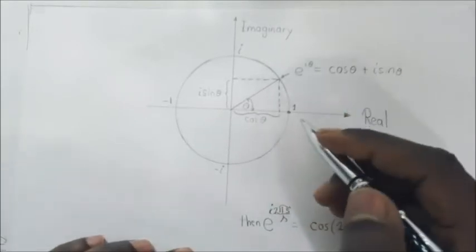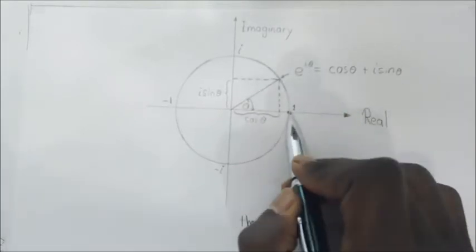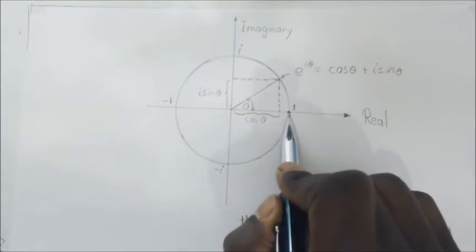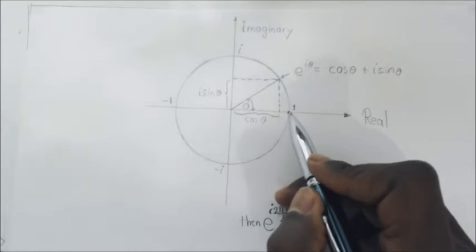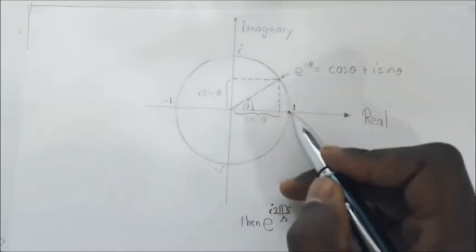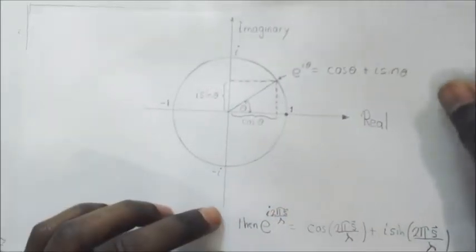Okay, so now if that's equal to 1, then basically it can be 0, or the angular displacement can be 2 pi or 4 pi or 6 pi or 2n pi.